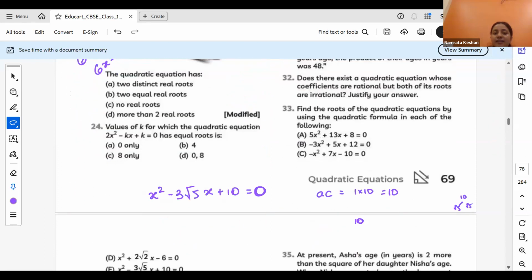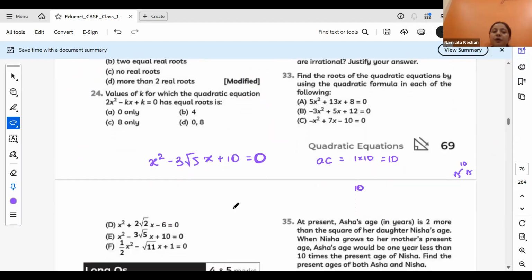If you understand this, then only we can discuss this question, that in case you want two numbers added together or subtracted together to give this middle term, both must contain root 5 along with it. Whatever is in front of root 5, both must have root 5, then only we will add them, and the result will be something root 5. Yes or no?